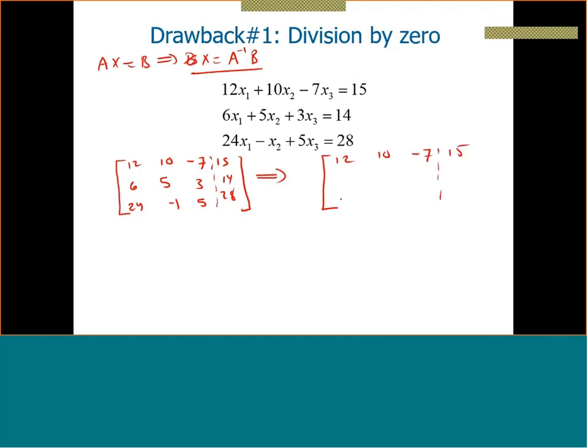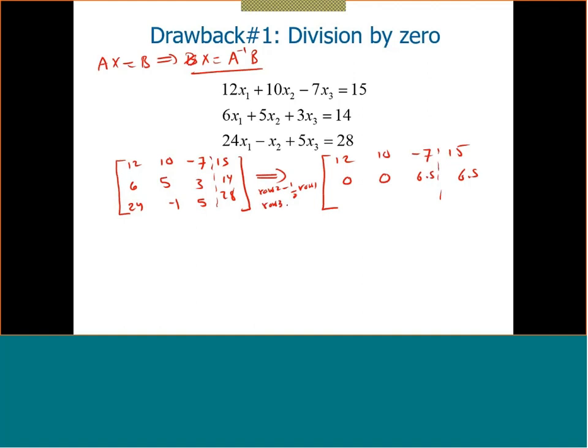So this 6 minus 6 is 0, 5 minus 5 is 0, and then we will have 6.5 and 6.5. Now for row 3, I will multiply this by 2 and then subtract. So it becomes row 3 minus 2 row 1, so it becomes 0, minus 21, 19 and minus 2.